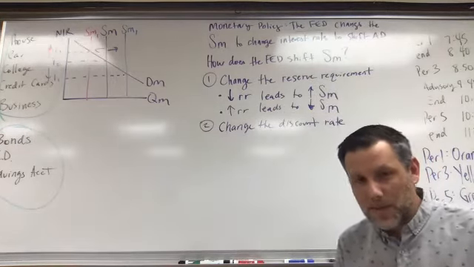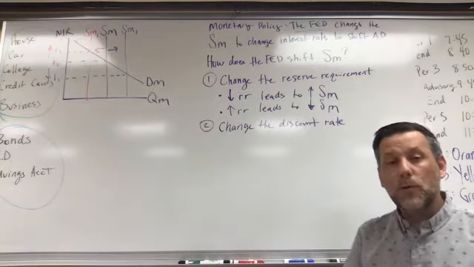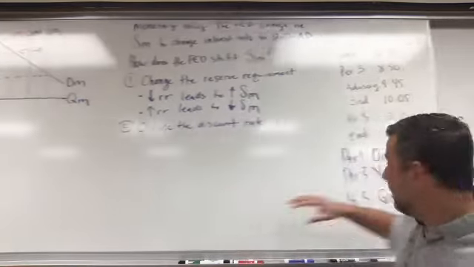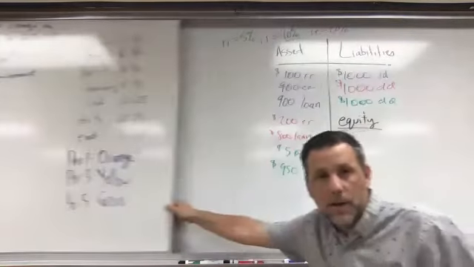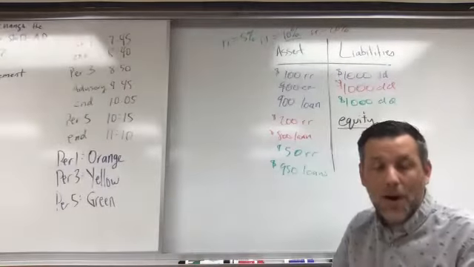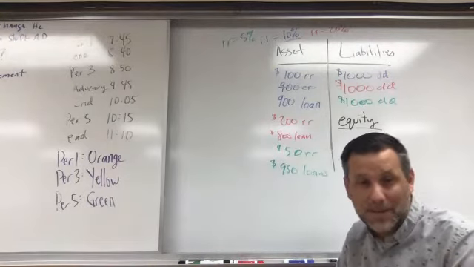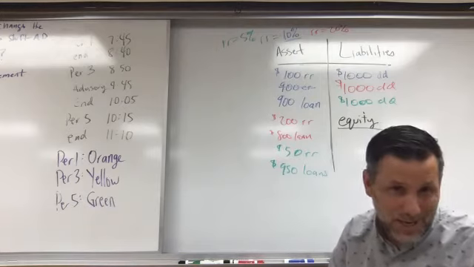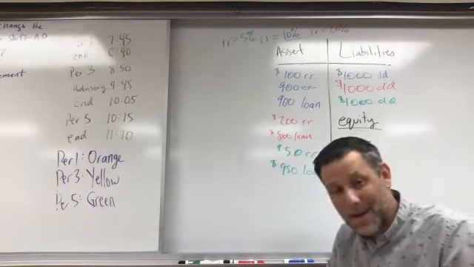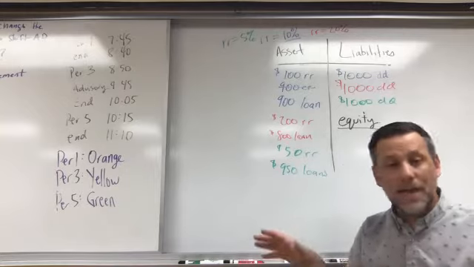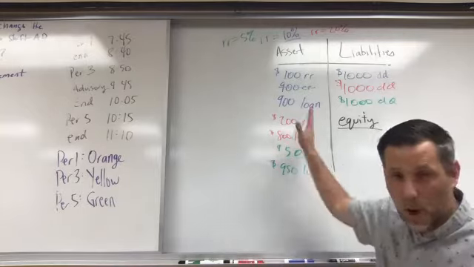One of the things that I mentioned before is, in the real world, we go back to our balance sheet here. All day long at every bank in the United States, people are depositing money, people are spending money out of their checking account, people are paying back loans, people are walking in to get more loans. So all day long, these numbers are all changing.